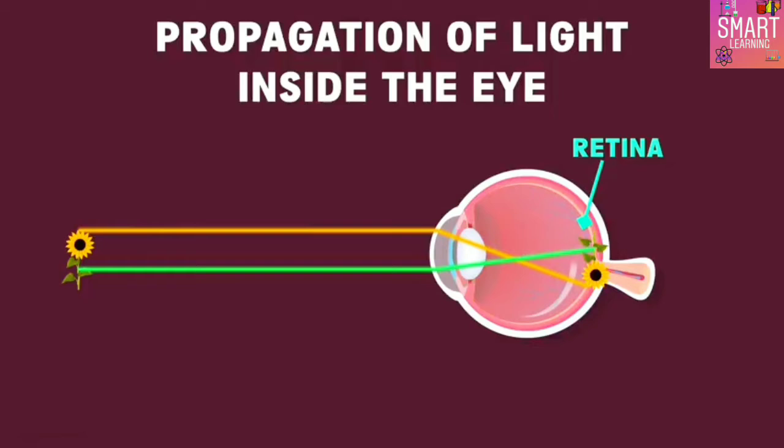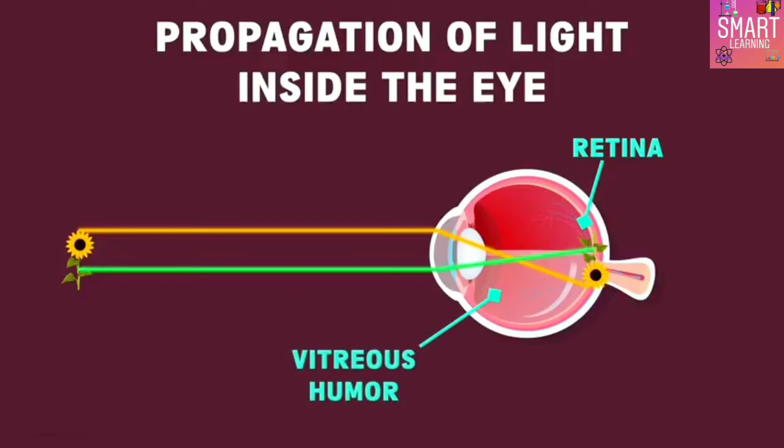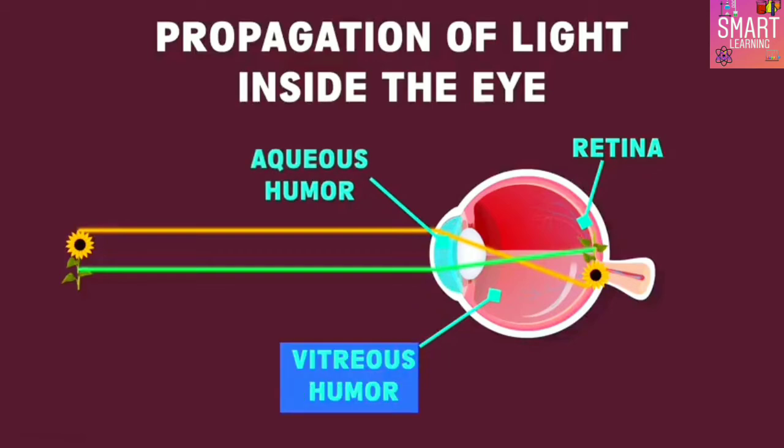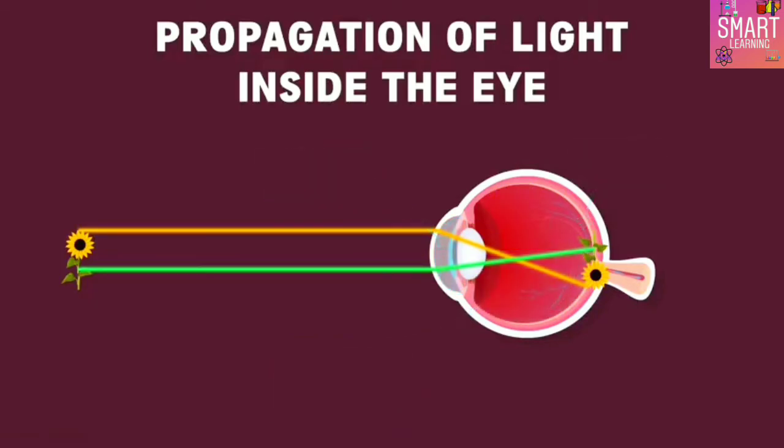This space is filled up with another transparent fluid called the vitreous humor. Yes, this is aqueous humor between the cornea and lens, and this is vitreous humor between the lens and retina. So this is how light travels inside the eye.